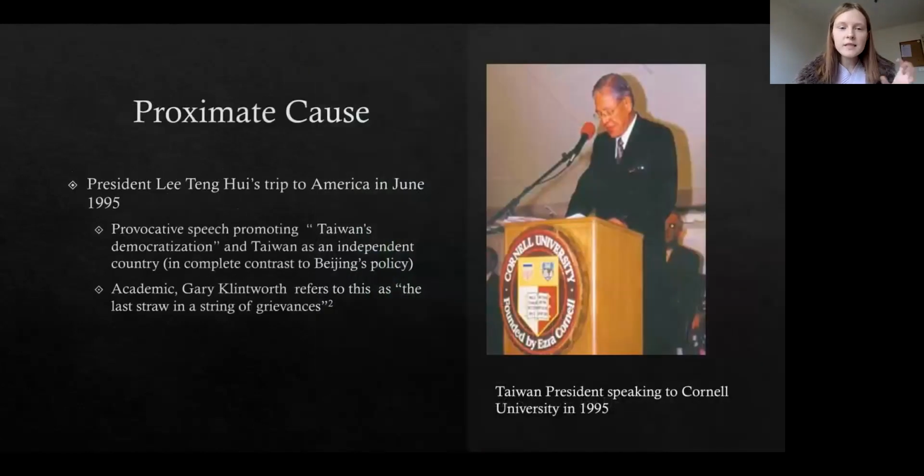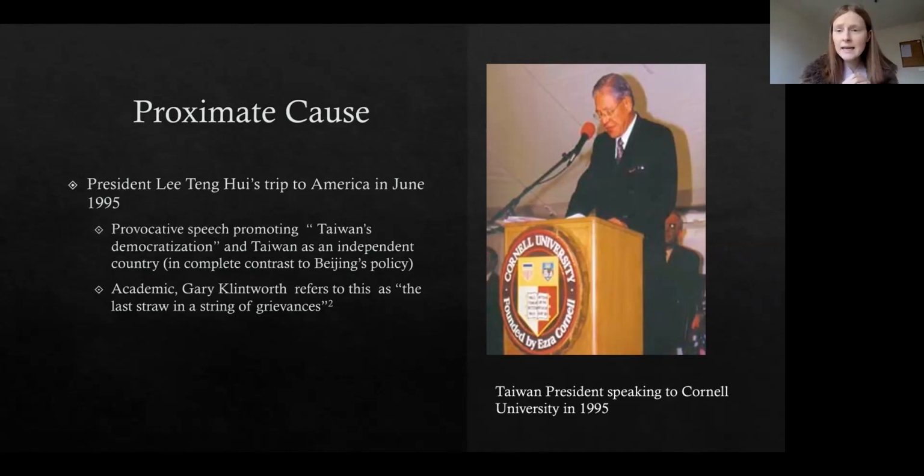So in terms of the proximate cause of this crisis, it was President Lee Teng-hui's trip to America in June of 1995. As seen here on the right, he attended Cornell University, giving quite a provocative speech which promoted Taiwan's democratization and explicitly mentioned Taiwan as the Republic of China 27 times, which was obviously in complete contrast to Beijing's policy.